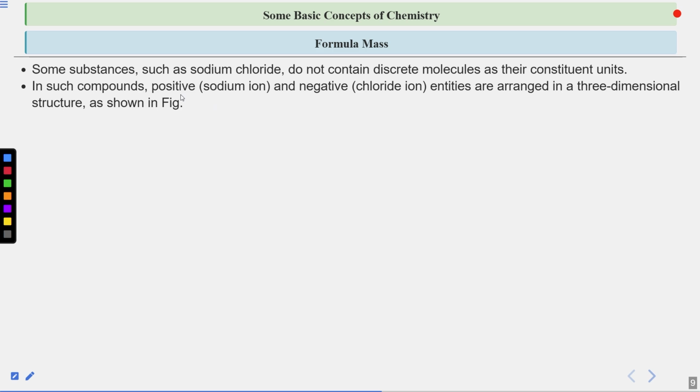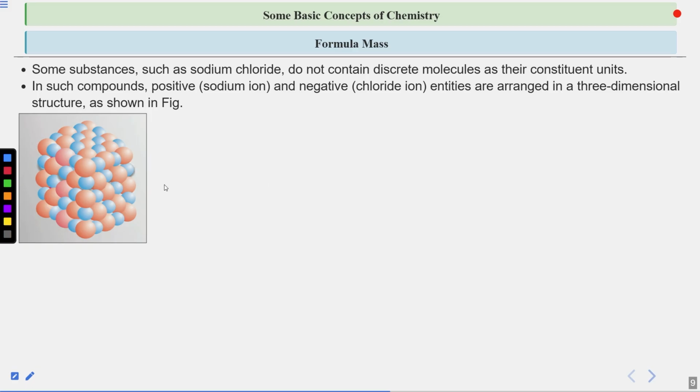If I take the example of sodium chloride, it is composed of sodium ion, which is positively charged, and chloride ion, which is negatively charged. These are arranged in a manner to give us a 3-dimensional structure, which is this. The big balls represent the chloride ions and the small ones represent the sodium ions. This is a formula unit of sodium chloride.